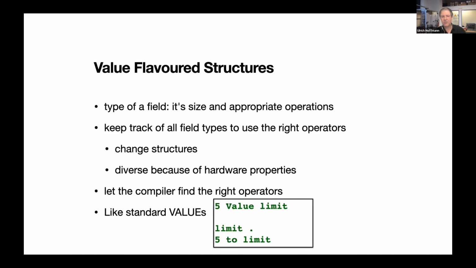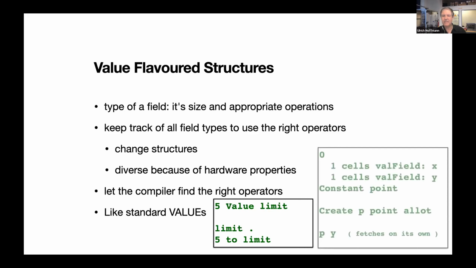So we know limits, values we do like this. We saw this earlier. And now we want to do something like, instead of field, we say value-field. And then it knows implicitly how to actually do the appropriate fetching of the value. So instead of storing a value with the store operator, we actually do the to-notation to store the value in the value field.